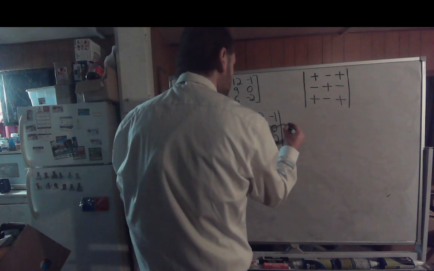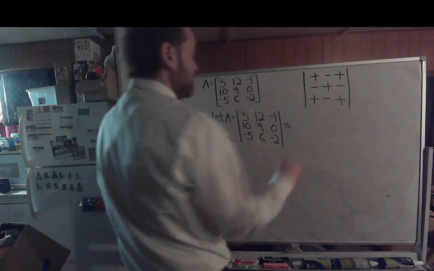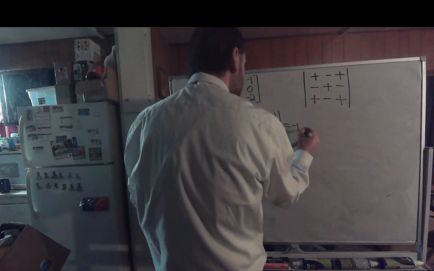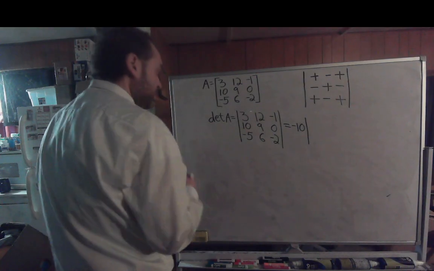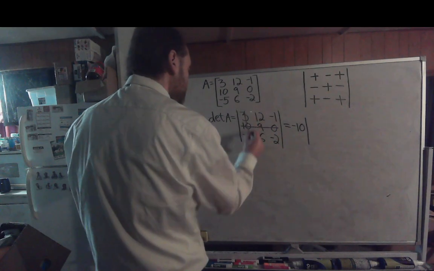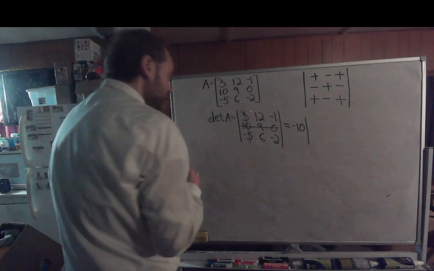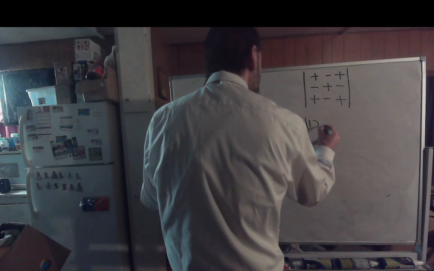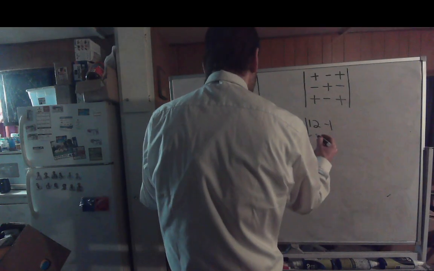Well, according to my coefficient matrix, I need to take a negative and multiply it by that positive 10, so it's going to be -10 times a 2 by 2 determinant here. So strike out the row and the column it occurs in. Here's what's left. You'll have 12, -1, and then 6, -2.